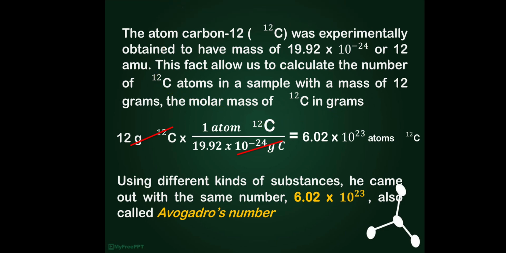Okay, so using different kinds of substances, he came out with the same number, which is 6.02 times 10 to the power of 23, also called, as I've said, Avogadro's number.